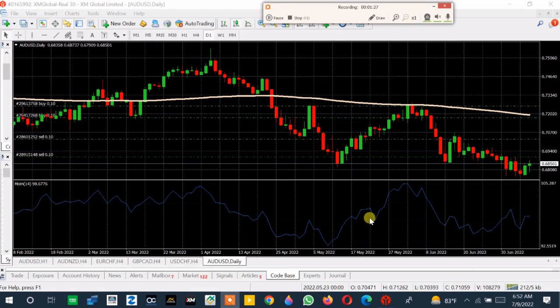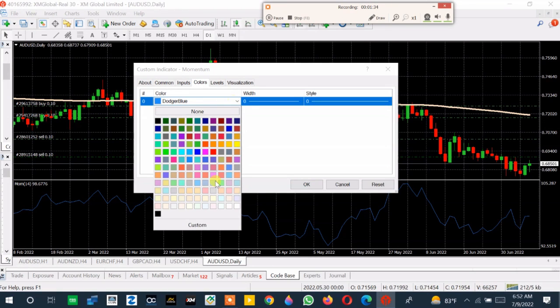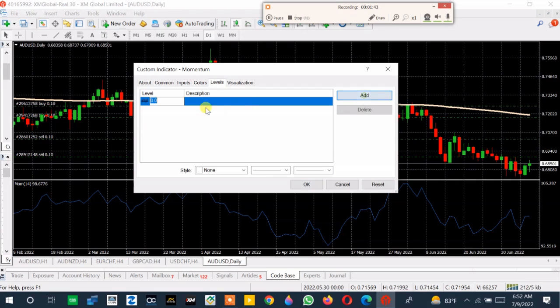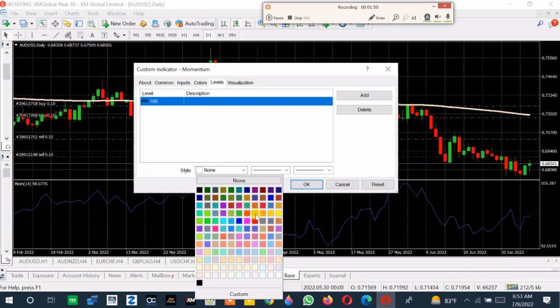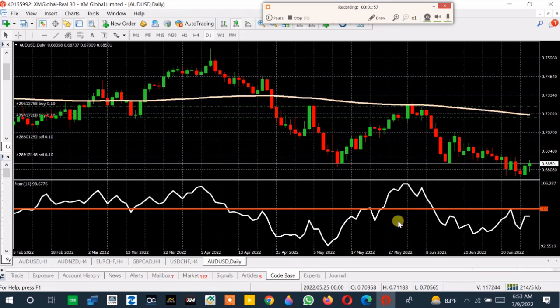This is the momentum indicator, and we need to set it up in the system. I made this red for my preference, and I need only the 100 level, in red.